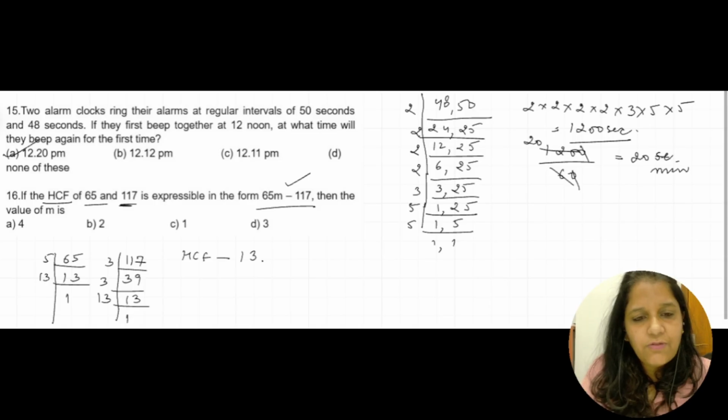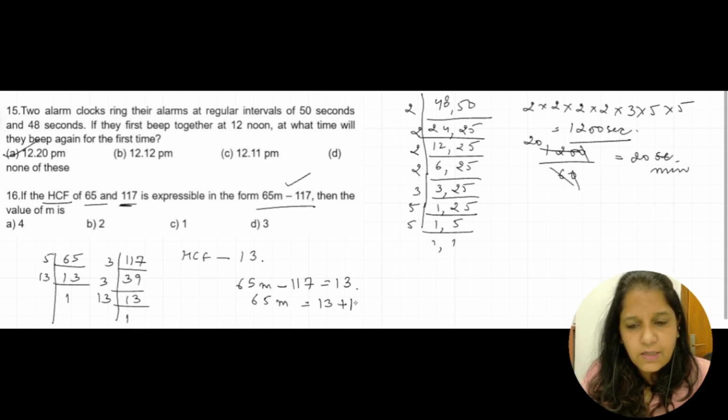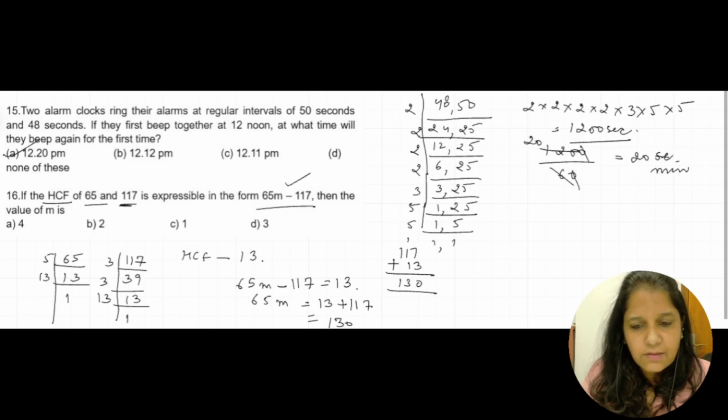That means the HCF of these two numbers is equal to 65m minus 117. So what will we do? We will equate 65m minus 117 with 13 and find the value of m. 13 plus 117, that comes to 130. m is equal to 130 divided by 65. The answer is 2.